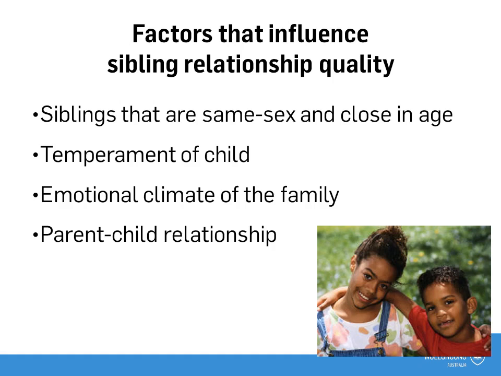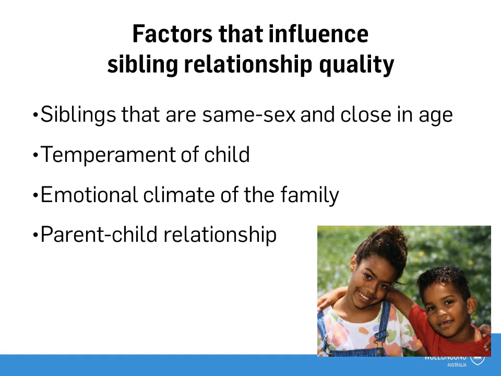There's a number of factors that influence the quality of the relationship between siblings. So one general rule of thumb is around the sex and age of children. Children tend to be closer to same-sex siblings and siblings who are closer to them in age.